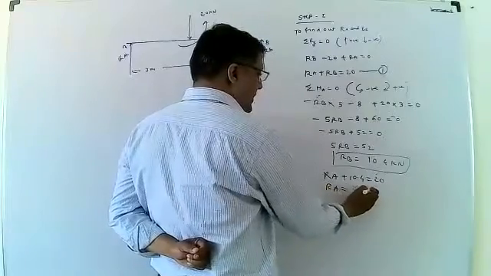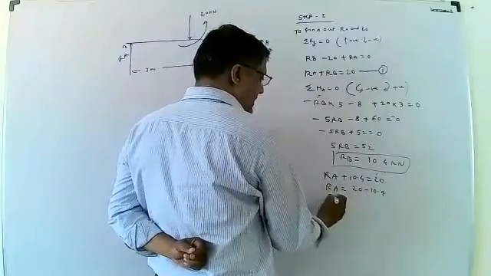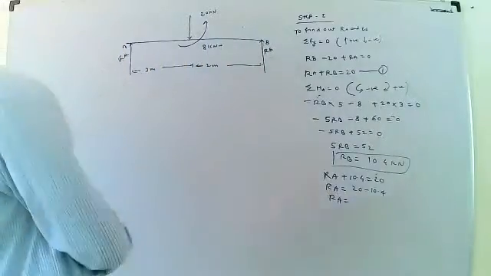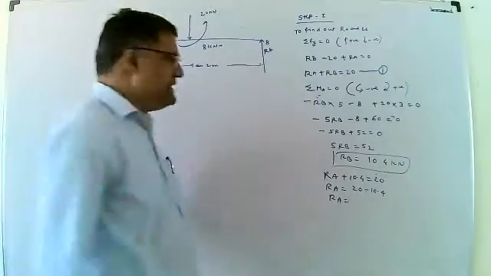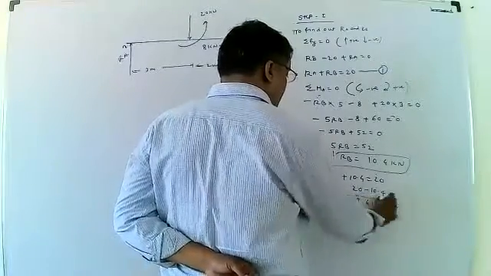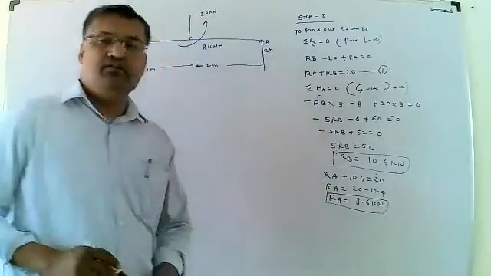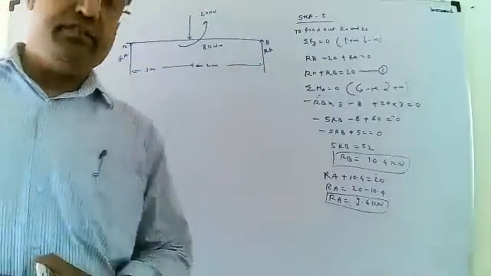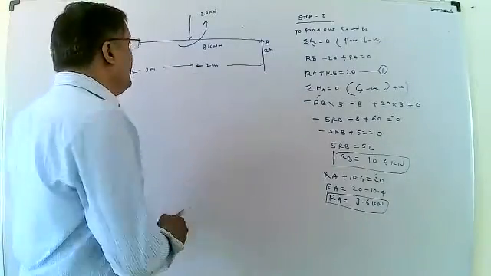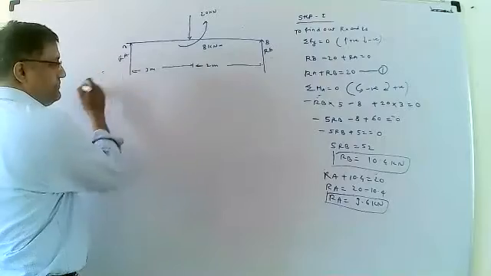RA is equal to 20 minus 10.4, that is equal to 9.6 kN. Once we find the values of RA and RB, we substitute these values in the given diagram: 9.6 kN and 10.4 kN.